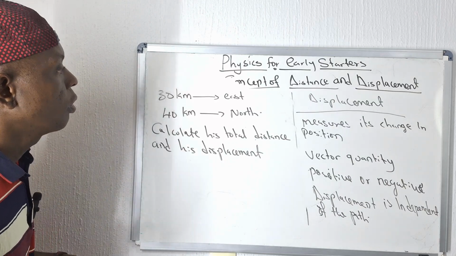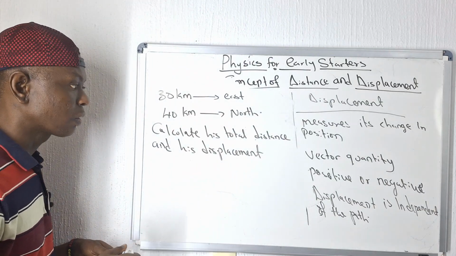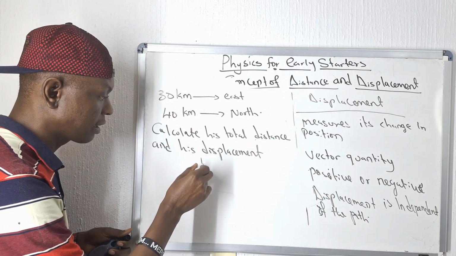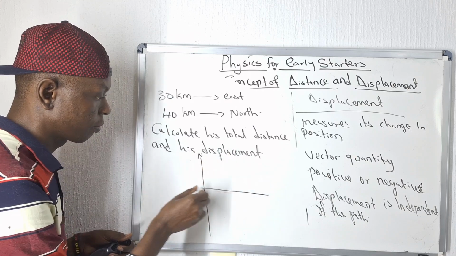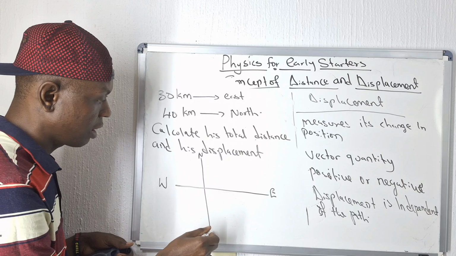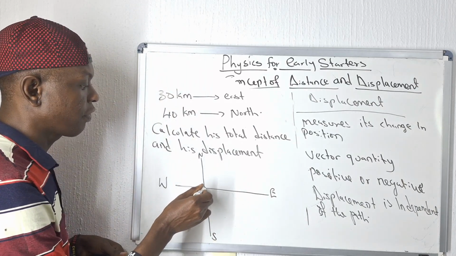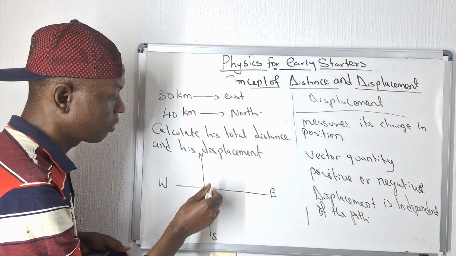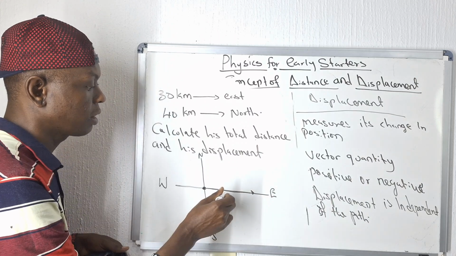If we are to look for his total distance, first of all, you remember reference points. Let me draw the coordinate system. This is our north, this is our east, this is our west, this is our south. From the question, let's say that this is Obi's reference point. He travels 30 kilometers eastward. From here to here be presented as 30 kilometers.